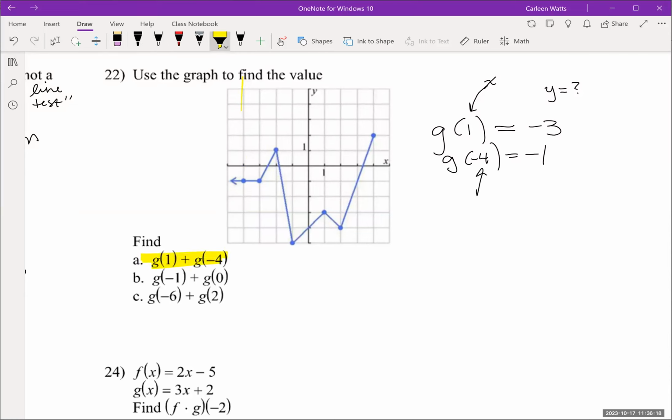Okay, so now let's look at this right here. G of 1 is -3 plus G of -4 is -1. Same sign sum. -1 plus -3, -3 plus -1 is -4.